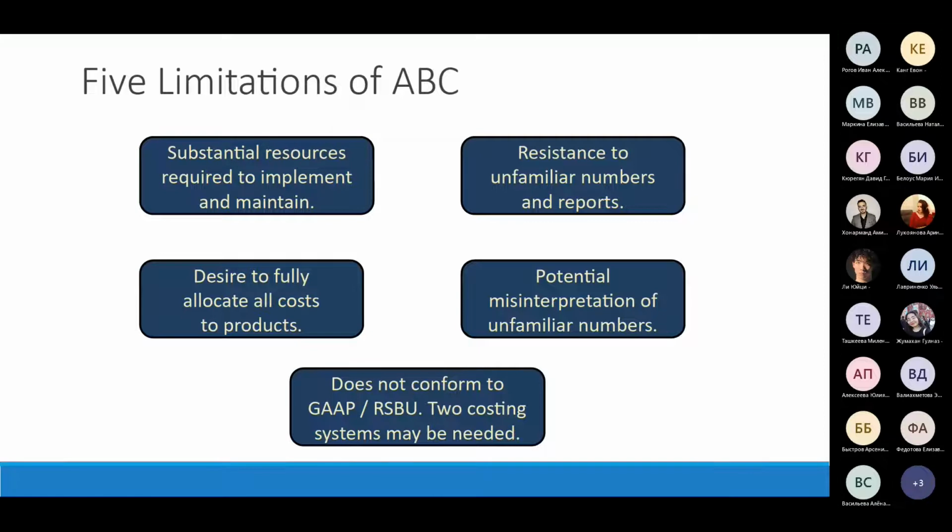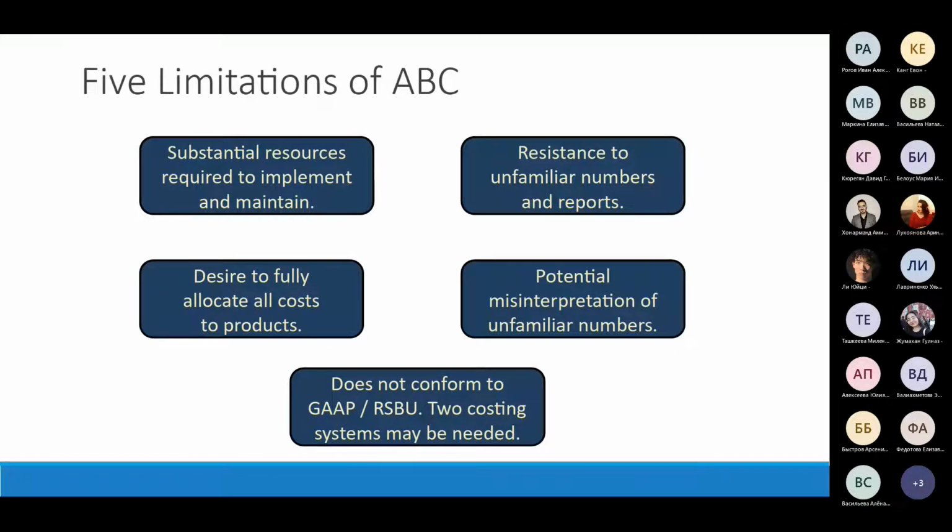So ABC has the potential for misinterpretation and unfamiliar numbers. If, for example, something is going wrong, it would be difficult to interpret the results of the operations. For example, if you have collected the full cost, looking at specific activity cost pools and activity measures, and your measures are strictly different from planned values, it could be difficult to understand why.